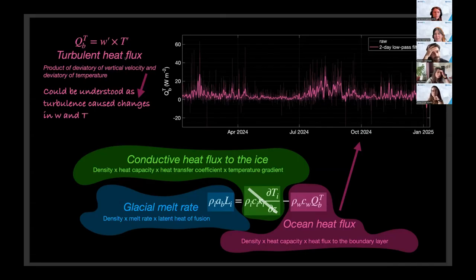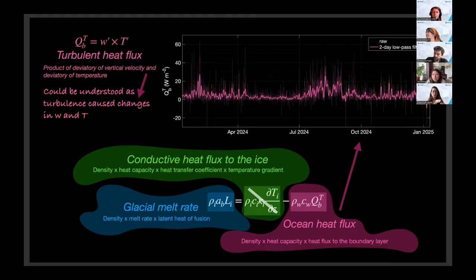Those could be understood as the turbulence-caused changes in W, the vertical velocity, and T, the temperature. So the product of them can give us the turbulent heat flux. I apologize, I forgot the density and also the heat capacity in this equation. But we can still, from those, get the heat flux in the pink lines here.